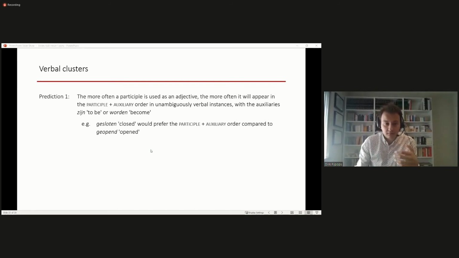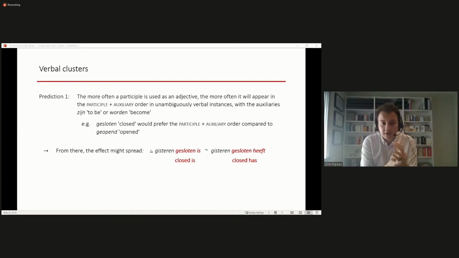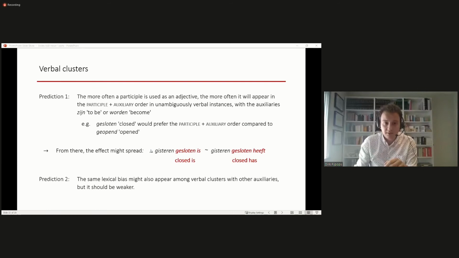All right. So then we reasoned: okay, well, when that is the case, when the effect of constructional contamination is present with these auxiliaries, from there the effect might then spread. So it might spread from the auxiliaries zijn and worden to other auxiliaries, such as say hebben, which is have in English. So that leads us to prediction 2.